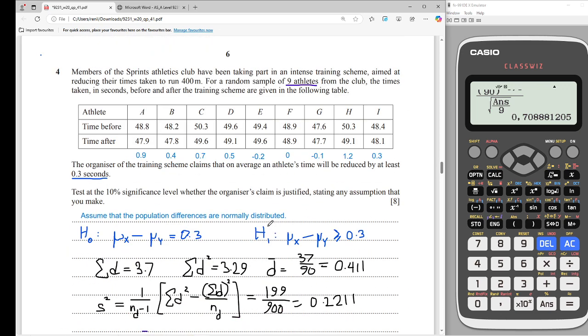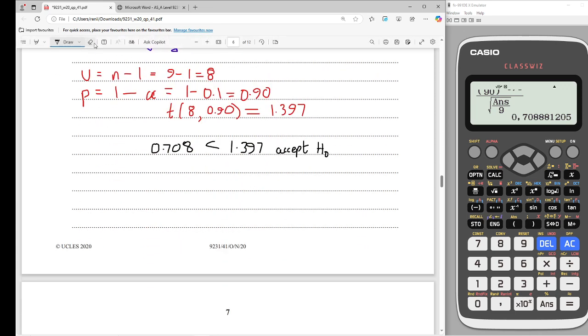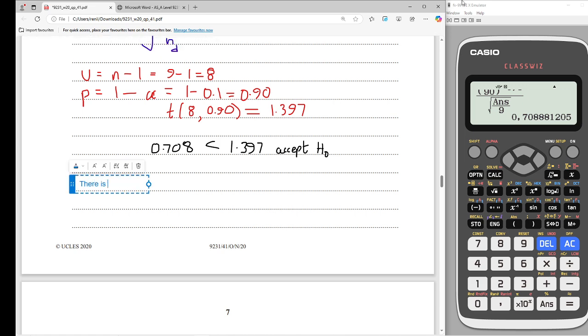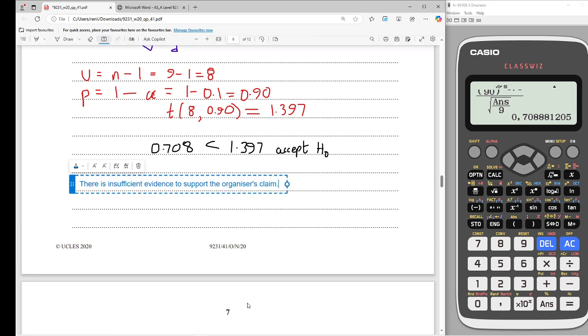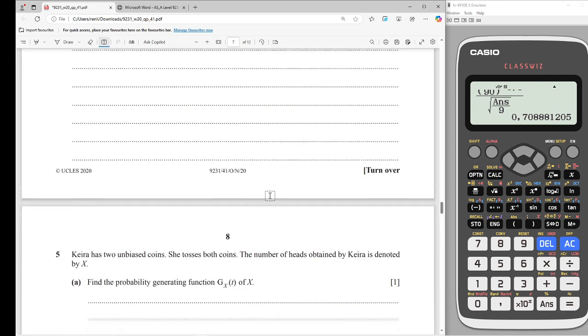But what that means is that we're going against the organizer's claim, right? So what that means is that there is insufficient evidence to support the organizer's claim. We don't say there is no evidence, because we need uncertainty.